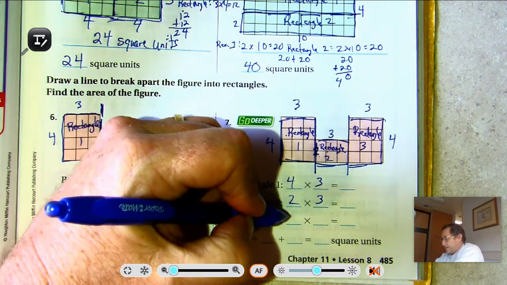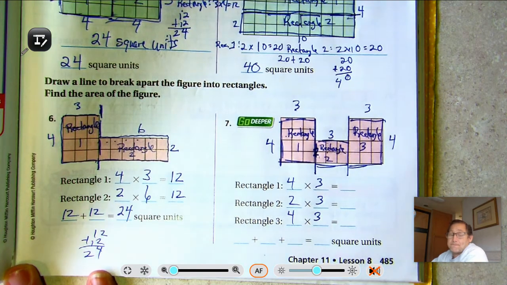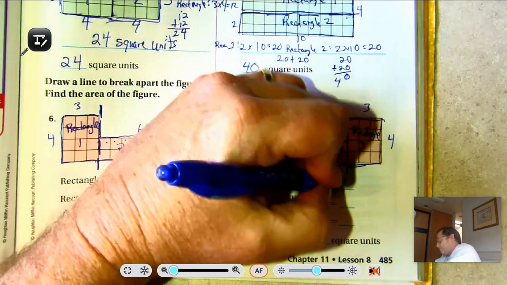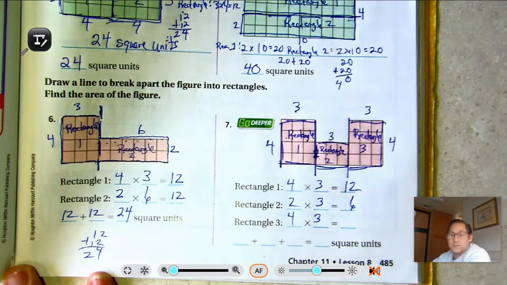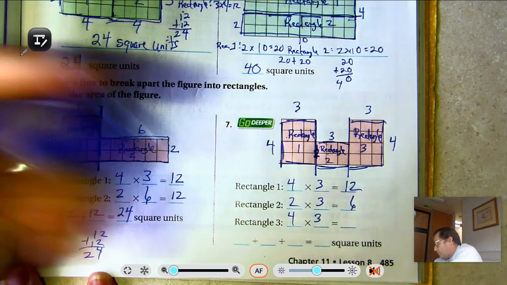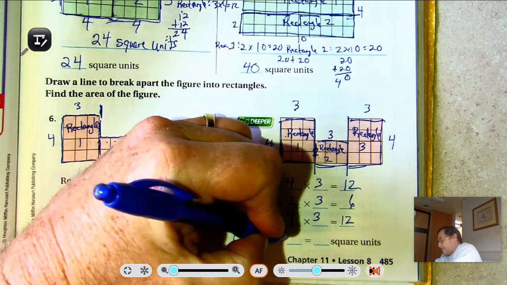Rectangle 3, 4 by 3. Okay, what's the product of 4 times 3? 12. What's the product of 2 and 3? 6. What's the product of 4 and 3? 12. So we're going to go 12 plus 6 plus 12.